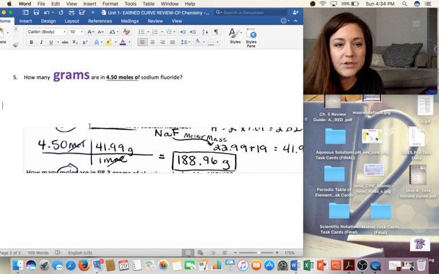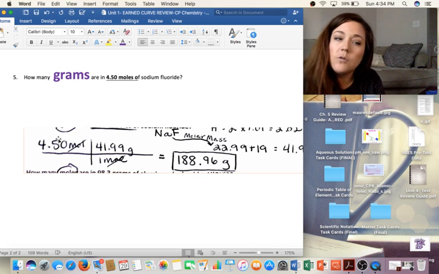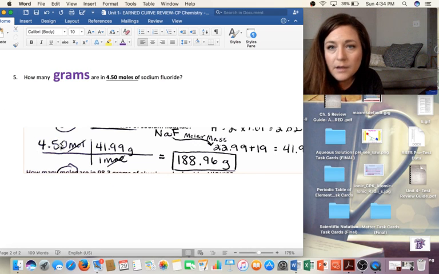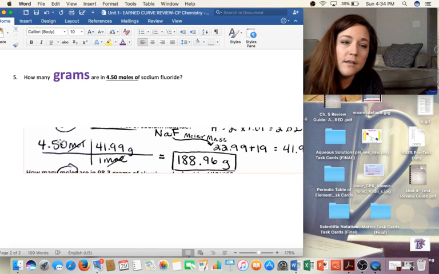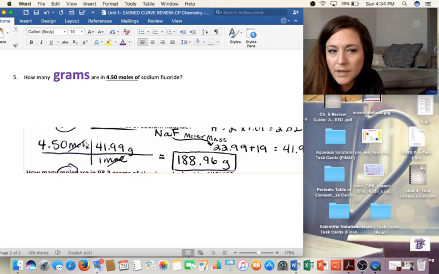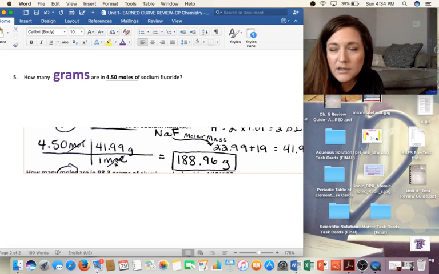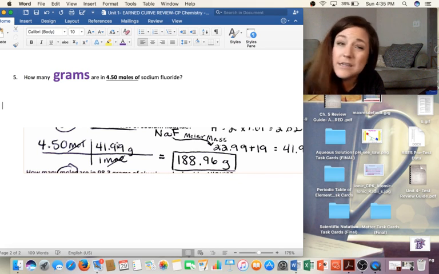Now I can set up my T-chart. I put my given in the first block here, always and forever. You always have to put your given up top on the left. Then I took my 4.50 moles. Because the moles unit is here, the opposite square has to have the same unit to cancel it out. You can't have moles on top because they don't cancel. They would multiply and you would have moles squared.